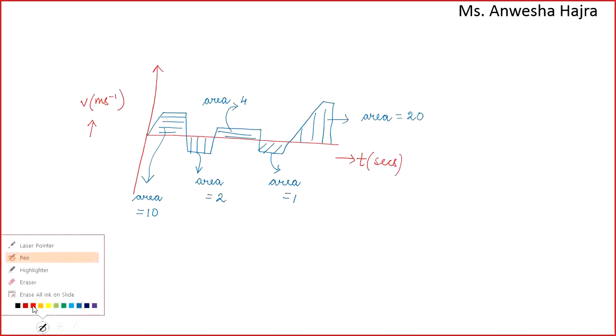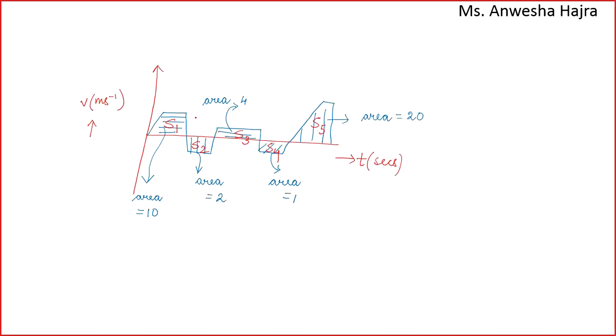Now let me name these as S1, S2, S3, S4 and S5. Now what does this graph mean? I'm starting from here, the starting point. First S1, I've gone 10 meters. Area is the distance. S1 is 10 meters.